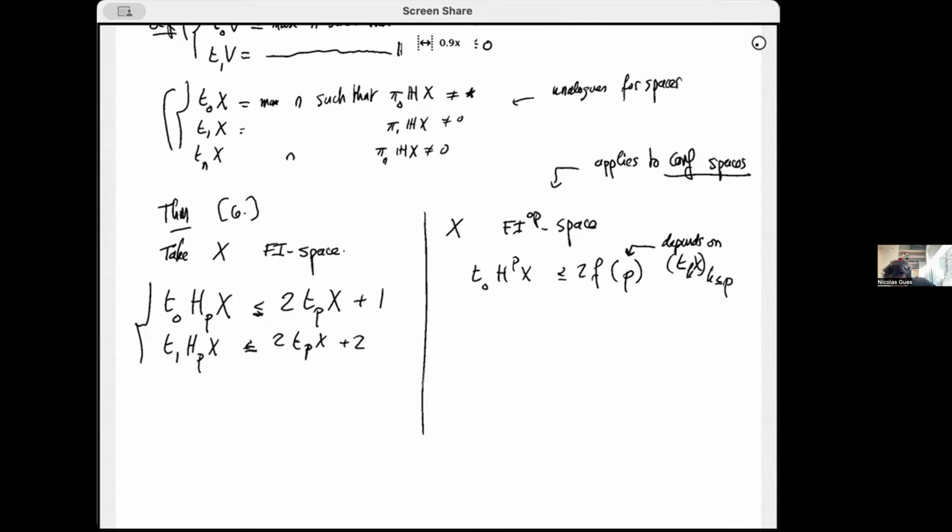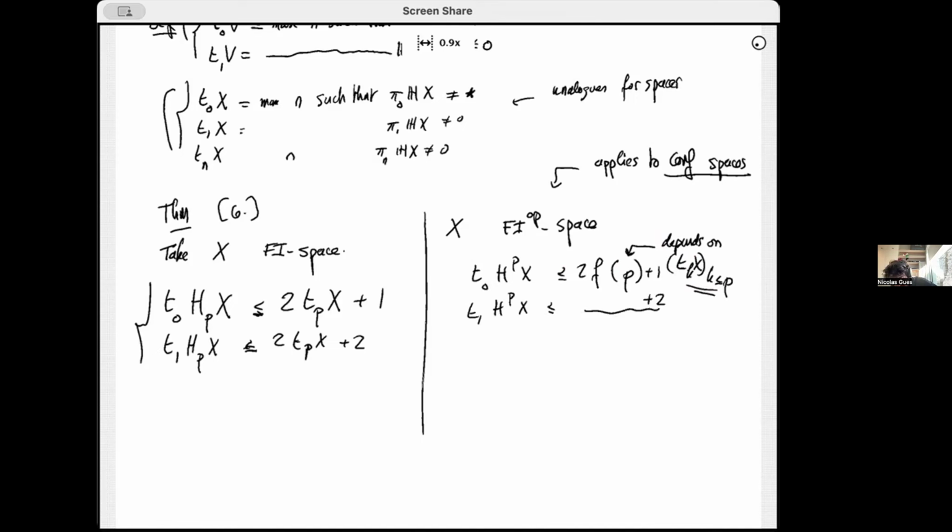And this involves some combinatorics of partitions. And I'll explain later why we have this strange bound. So I have the same thing for the cohomology for the T1. Maybe there's a +2 here.